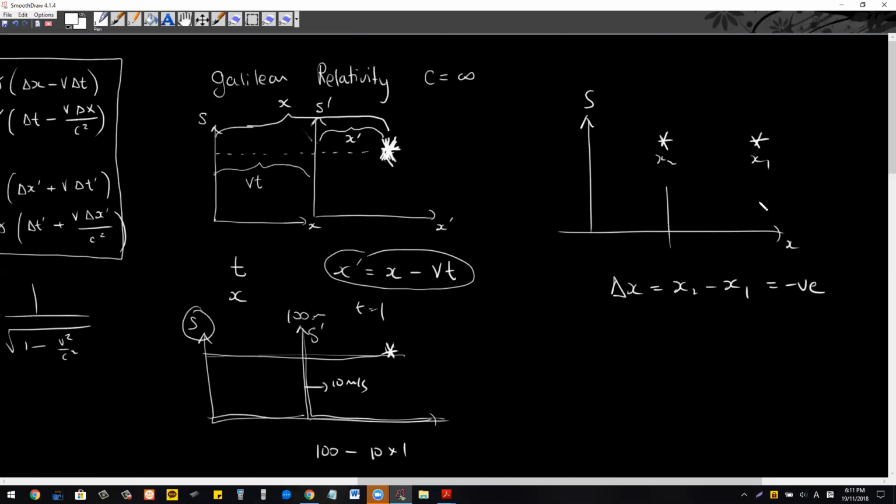Because it's that one minus that one. And then time, delta t, is t2 minus t1. So let's say this one happened at 5 seconds, this one happened at 3 seconds, then it's 5 minus 3. So this is always positive.